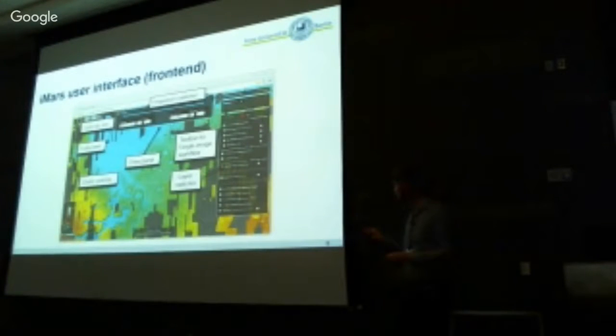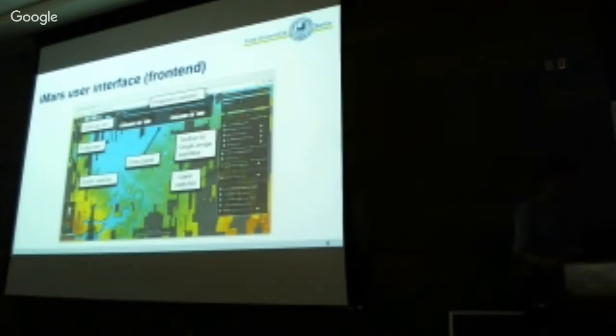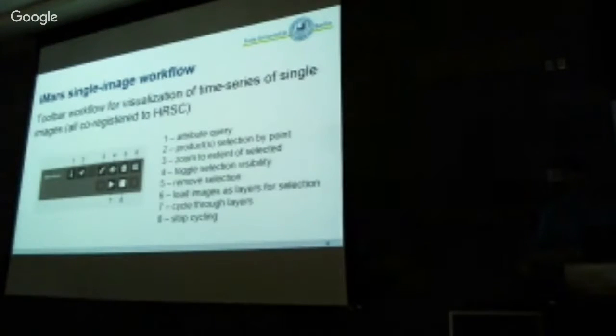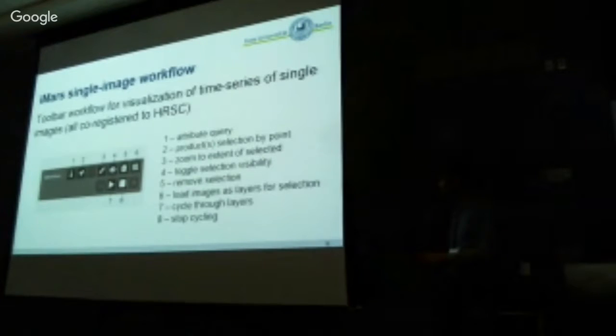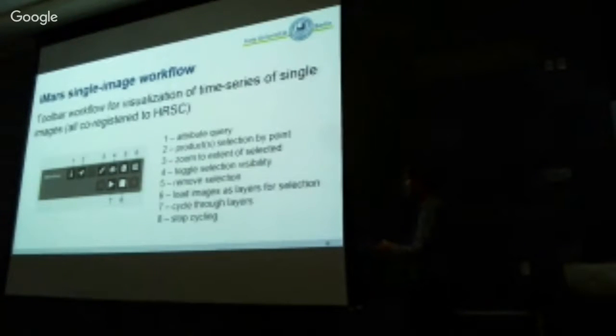There's a layer switcher here where the user can take raster data that is in the background, also with a transparency slider. And there's a toolbar for the single image workflow up here. This toolbar can be used to visualize the time series of single images, so there are buttons up here and the bottom bar there.